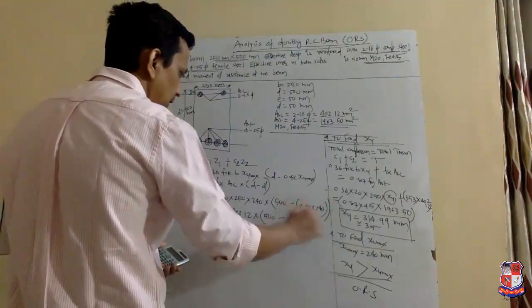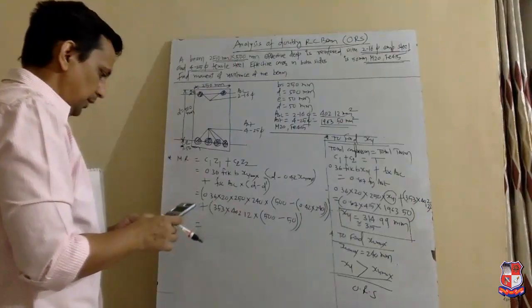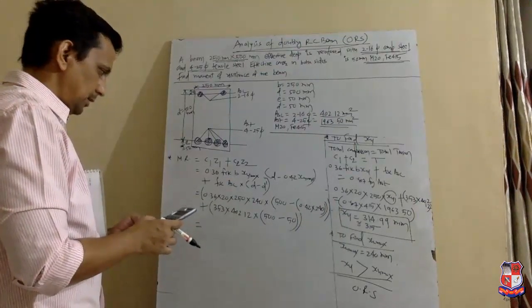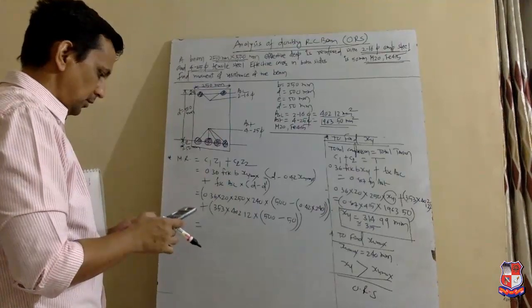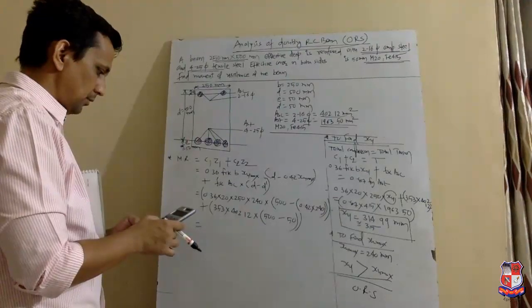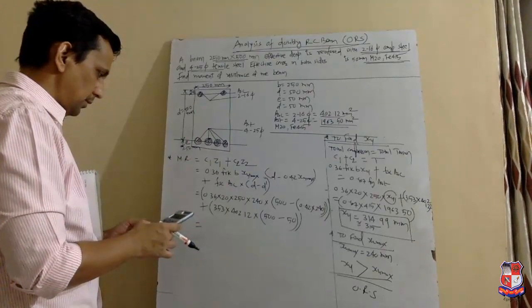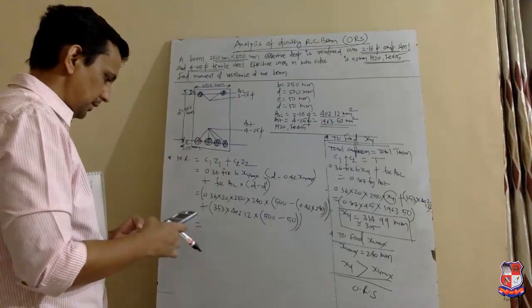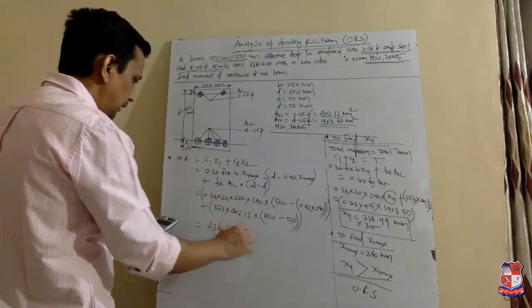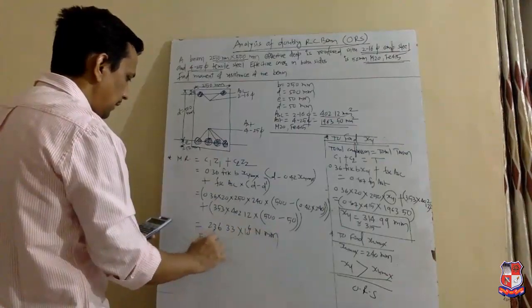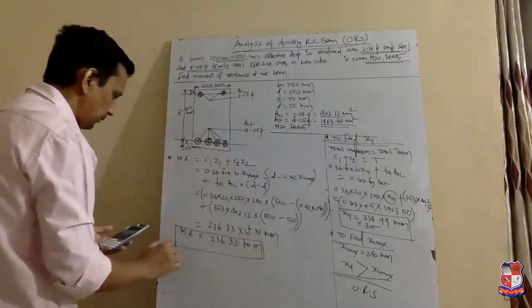Right. 0.36 into 20 into 250 into 240 into 500 minus 0.42 into 240, and so on, this gives 236.33 into 10 to the power 6 Newton mm.